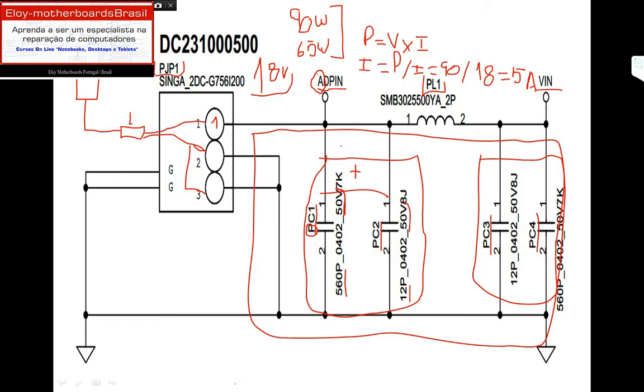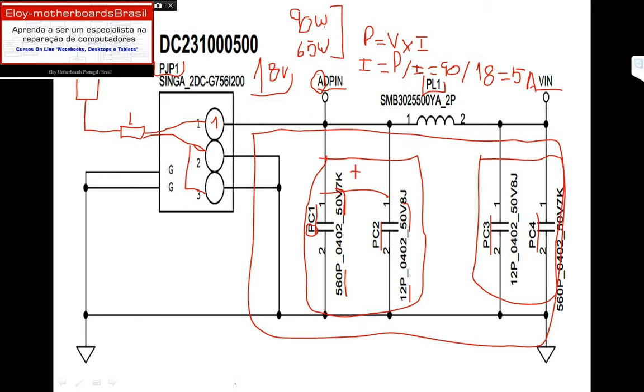So if by some error or fault, this charger lets some alternating component pass through here on pin 1, all this filter, PC1, PC2, PL1, PC3 and PC4, will filter that high frequency, not high current, because high current burns this. It will filter this high frequency, that is why it is called a low pass filter.